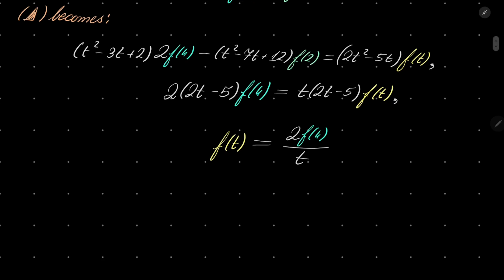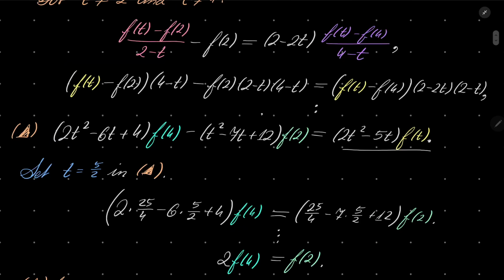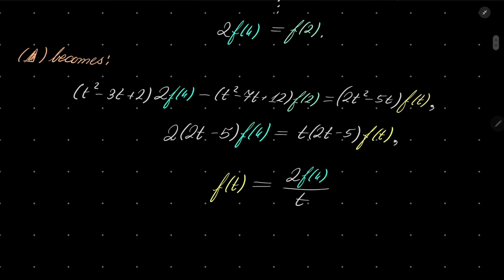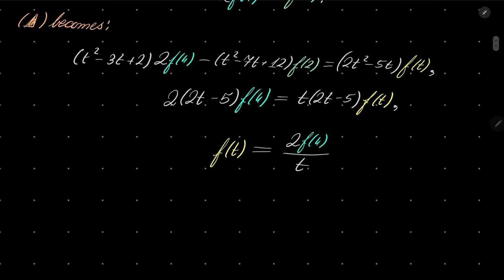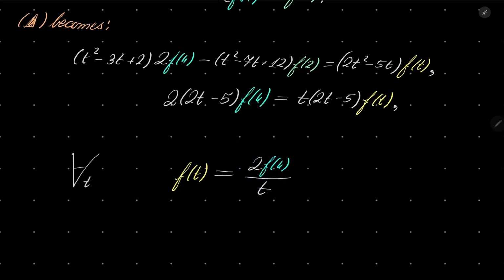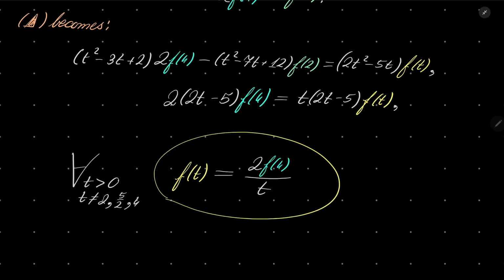And that holds, remember, t cannot be equal to 2, t cannot be equal to 4, and cannot be equal to 5 over 2, because that would be division by 0. So maybe let's put a quantifier. For every positive number t not equal to 2, 5 over 2, and 4, we have the following result.